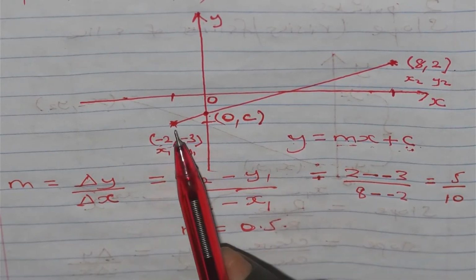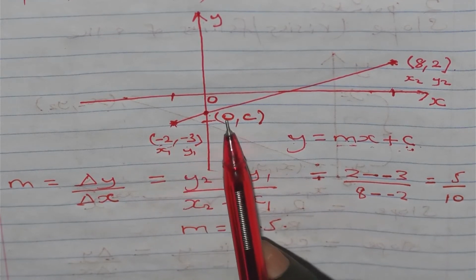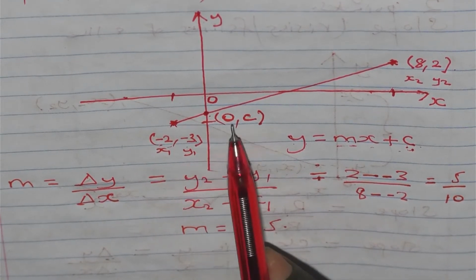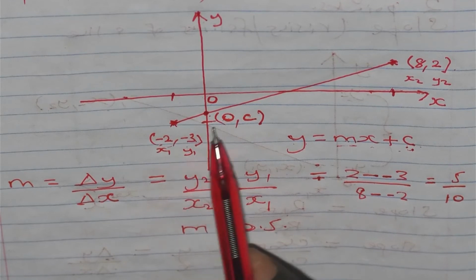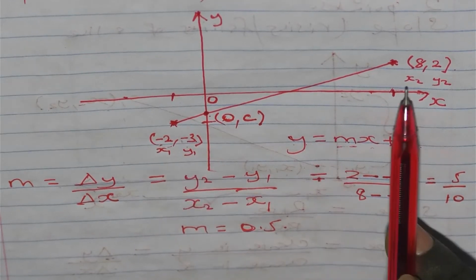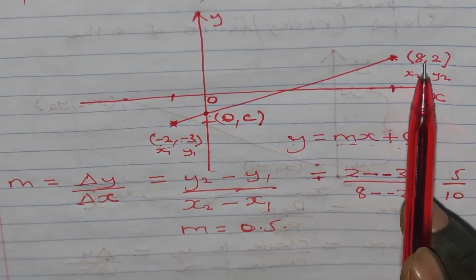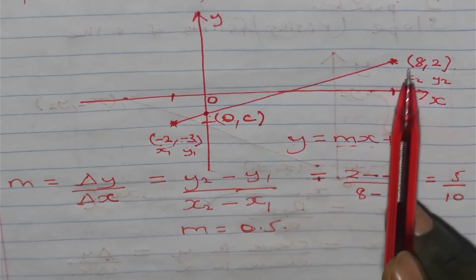So if you were to get the change of y all over the change of x of these 2 points, it will be the same as getting the change of y all over the change of x of these 2 points.